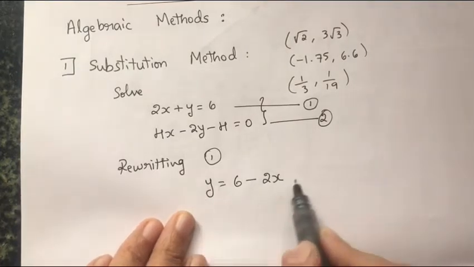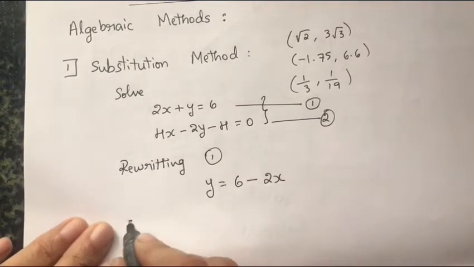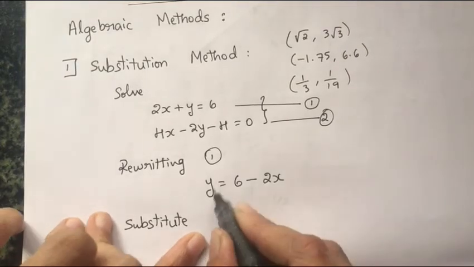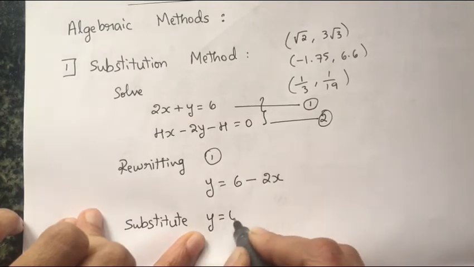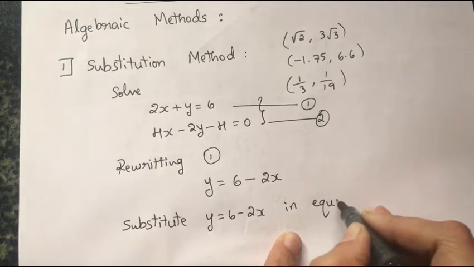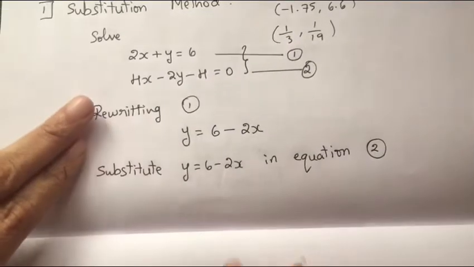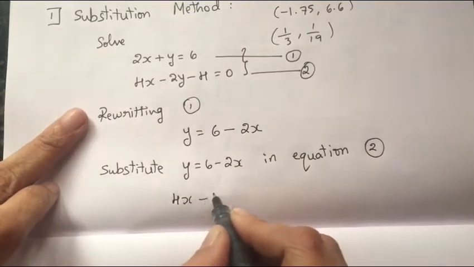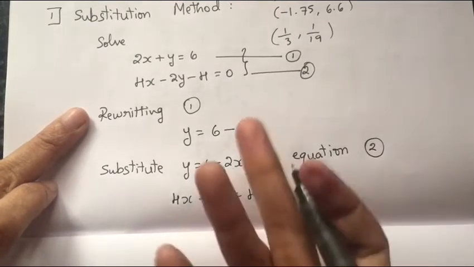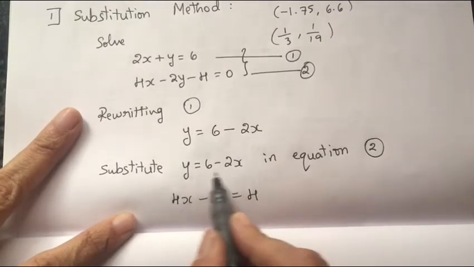Now I'm substituting this y value, y equal to 6 minus 2x, in equation 2. Equation 2 is 4x minus 2y minus 4 equal to 0, or 4x minus 2y equal to 4. You can write it in any way, no problem. Now I have to replace y by this.